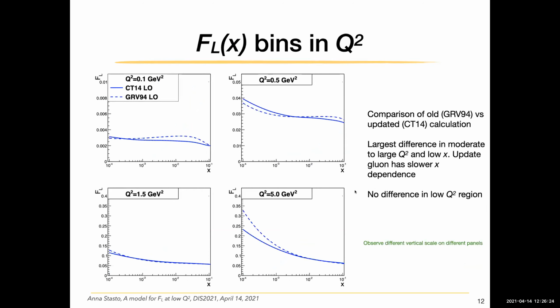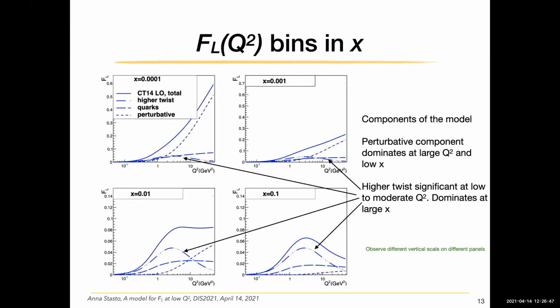Here is again the comparison of what was available before and now. Again, not much difference in the small Q-square region, and some difference in the low x and higher Q-square region. Obviously GRV94 had a very steep x dependence as compared to the newest parameterizations.